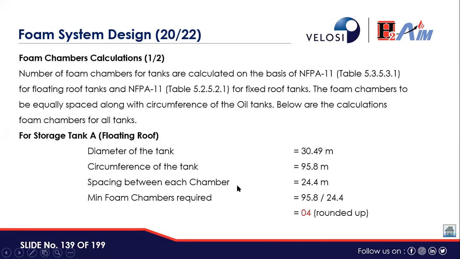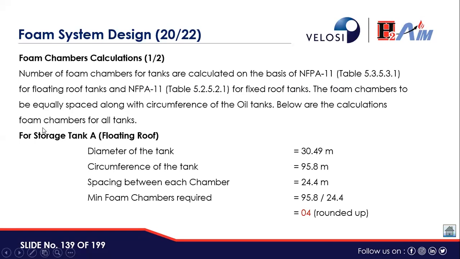So now the foam chambers calculation: how we can calculate the number of foam chambers. The number of foam chambers for the tanks can be calculated on the basis of NFPA 11 table 5.3.5.3.1 for floating roof tanks, and NFPA 11 for fixed roof tanks, this table. The foam chambers are to be equally spaced along the circumference of the oil tanks.